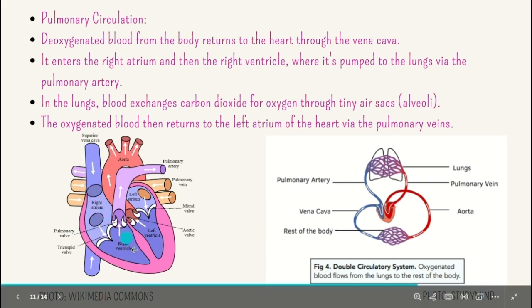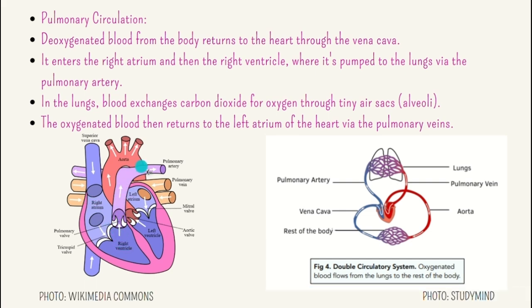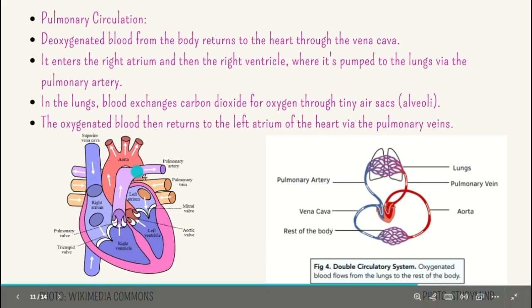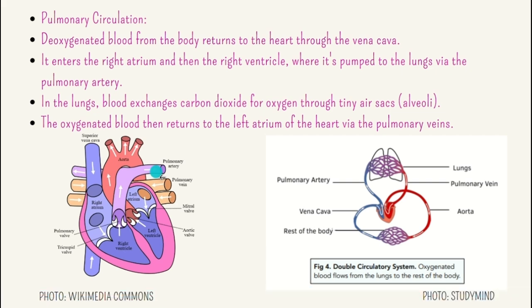We want it going in one direction, right? So it comes to the right ventricle, where it's pumped to the lungs via the pulmonary artery. As you can see, this is the first lap of the blood's circulation. Blood passes through the heart twice. So this is where deoxygenated blood comes in, and then it's pumped to the lungs via the pulmonary artery. Right, good.